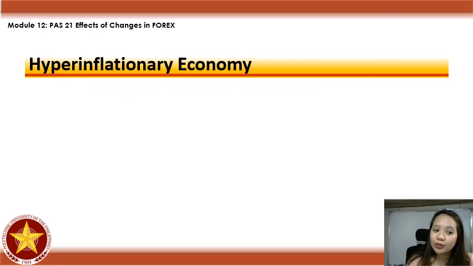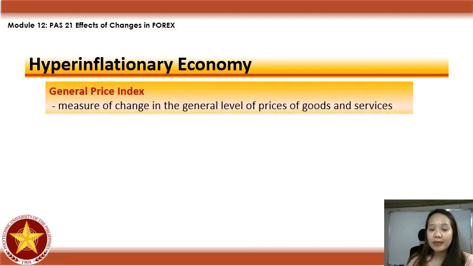So, usually you use the GPI or the General Price Index to measure the general level of prices of goods and services. So, GPI is a measurement of the level of prices. Kunwari lang to, ang GPI natin last year is 100. Tapos ang GPI mo this year is 120.